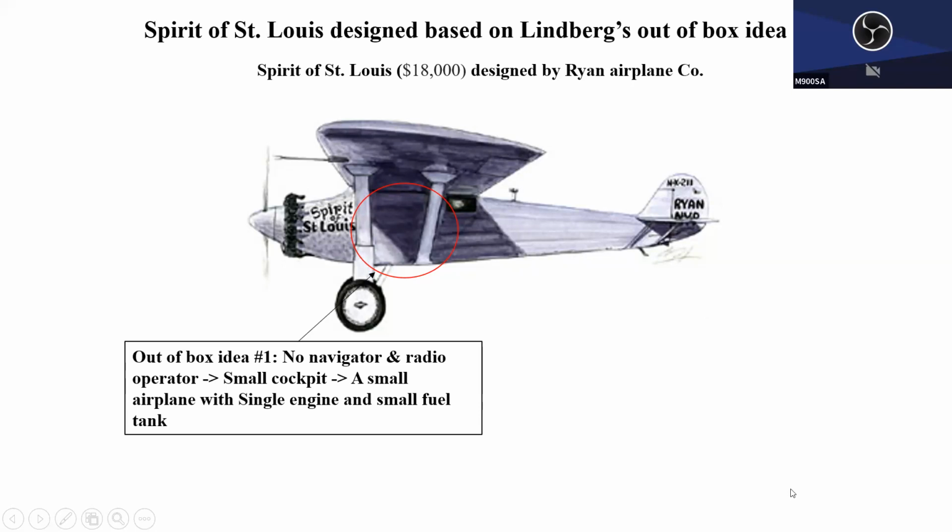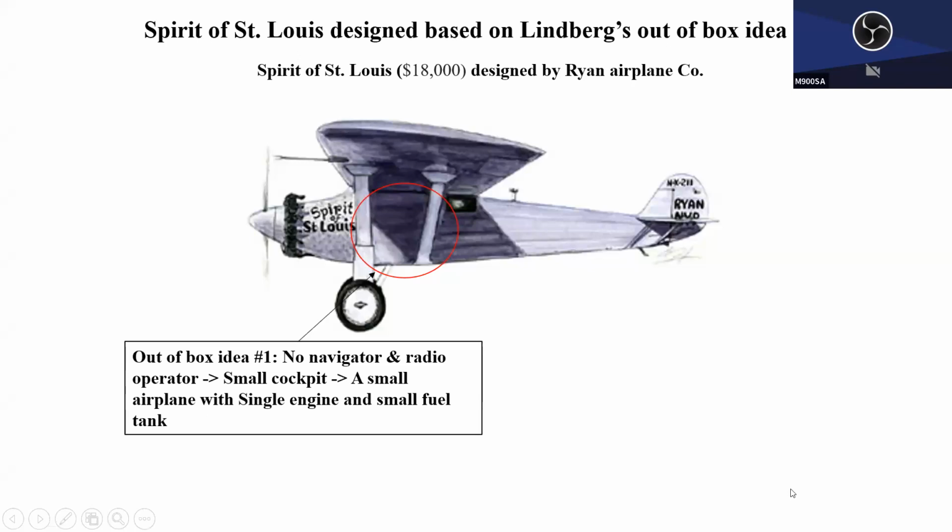Radio operator, again, at the time was only used for emergencies. If an emergency happens, then he knew he was dying. So he said, I don't need the radio operator either. Because of those things, he was able to keep the cockpit very small, compact for himself only.